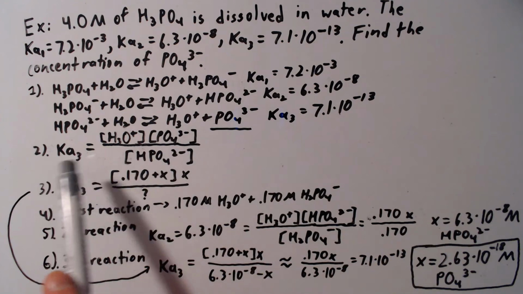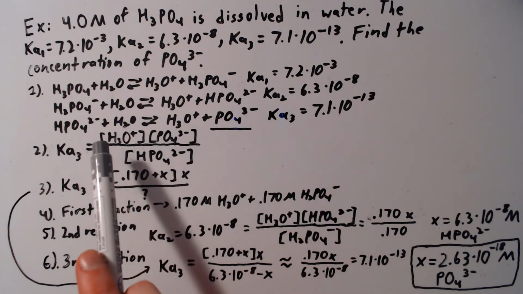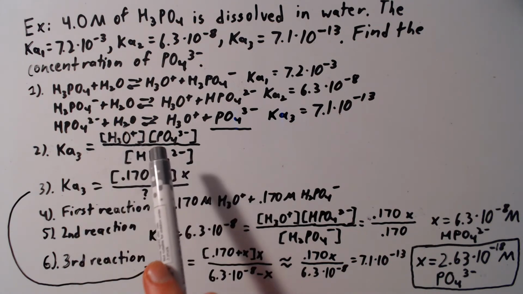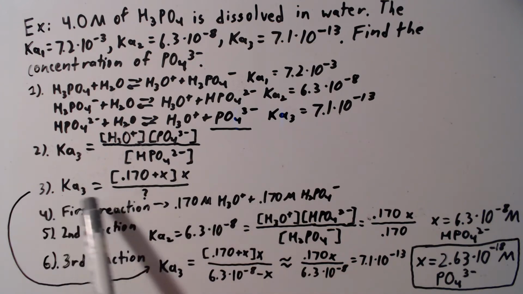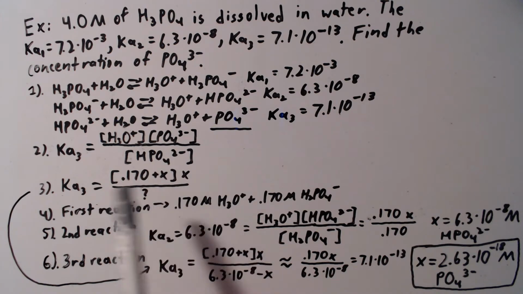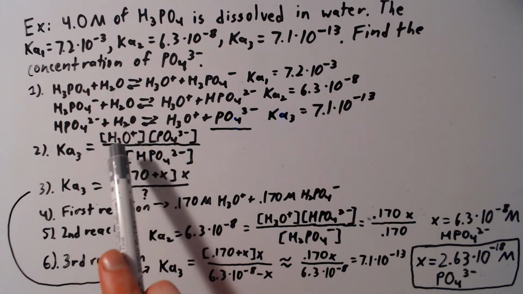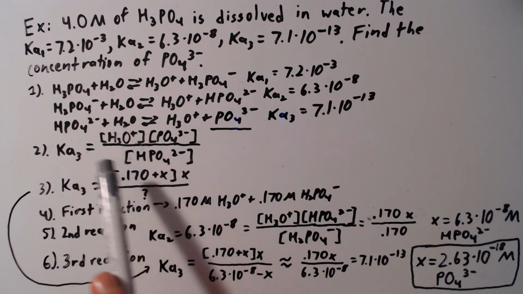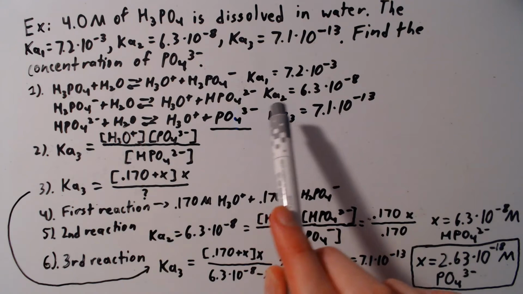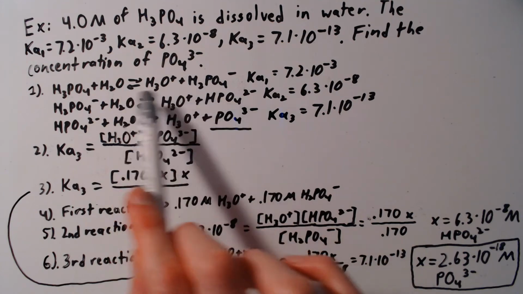So Ka3 equals the products multiplied by each other, the H3O+ times the PO4 3- concentrations, over the reactant, the HPO4 2-, again ignoring the water. Then we plug in what we know for these concentrations, at least some of the initials. From the previous problem, we know that the concentration of H3O+ that matters is only produced by the first reaction, because Ka1 is so much larger than K2 and K3 that these two other ones don't really matter when influencing the concentration of H3O+.